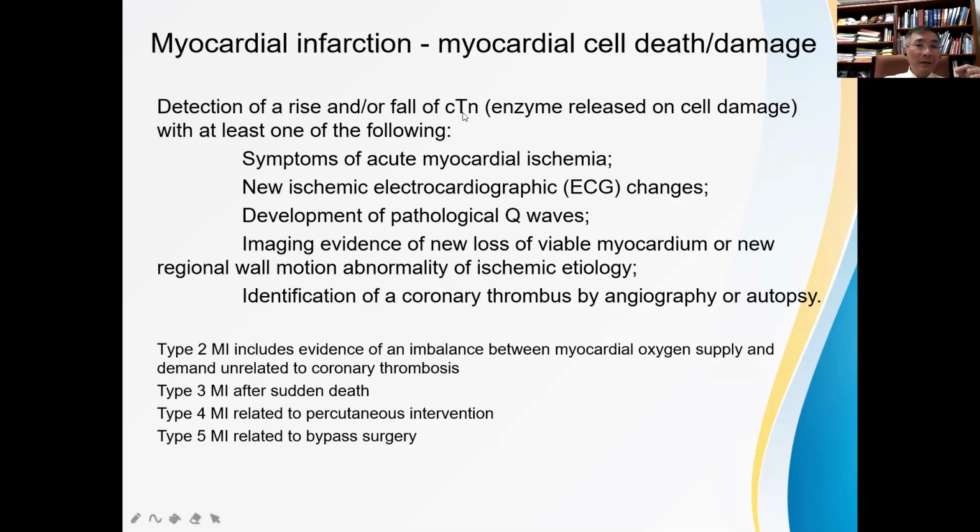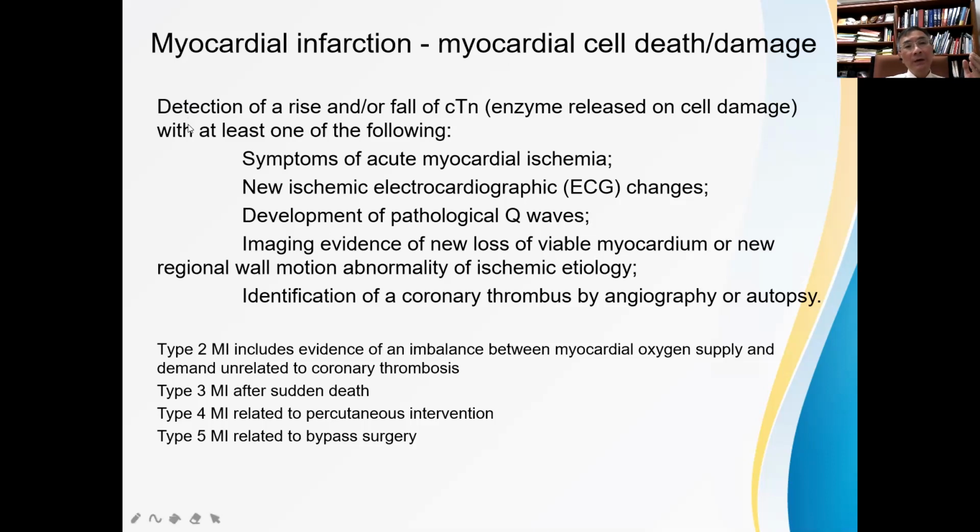So if you find that there is a rise or a high troponin that subsequently falls, then there is evidence that a myocardial infarction has occurred. Note that we want to see a change that is from low to high or from high to low, because a myocardial infarction is a dynamic process, that there must be a change to the level of troponin for us to say that a myocardial infarction has occurred.